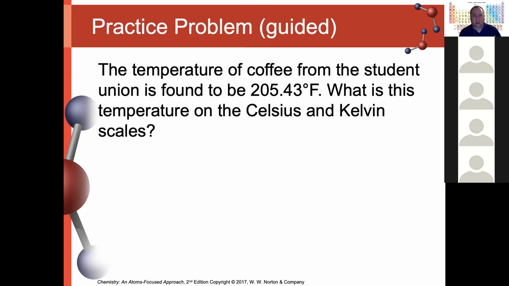But to the problem at hand, we have 205.43 degree coffee. So to turn that into Celsius, remember Celsius is equal to Fahrenheit minus 32 divided by 1.8.